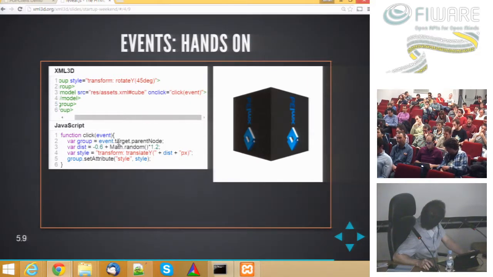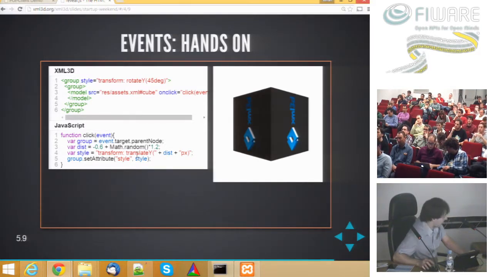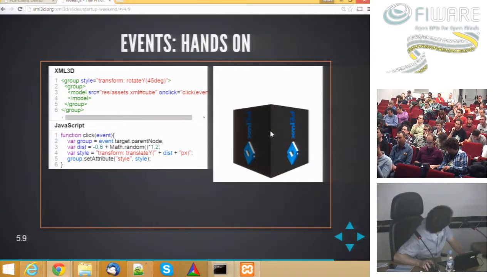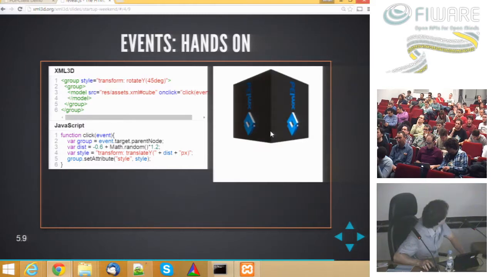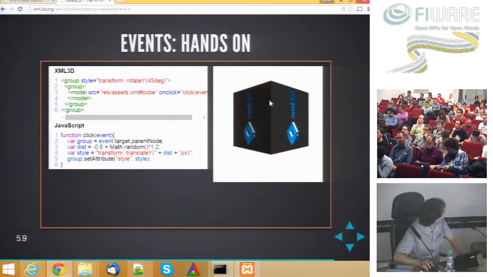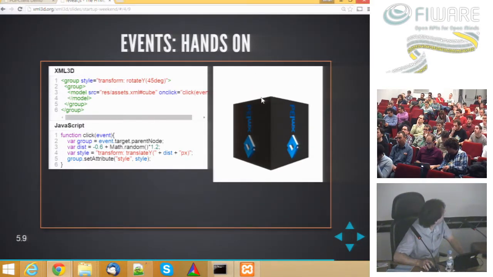And then we get the group node, so the parent node, and set some kind of style attribute to modify the transformation. So when I click on this box, it will randomly move up and down. And this happens in a pixel-precise manner.